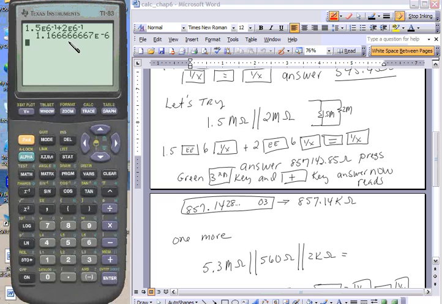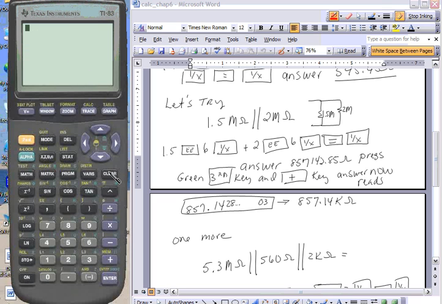So this number here that I'm seeing is really read 1.16 times 10 to the minus 6, or micro, but I still have to hit one more 1 over x key. So I go 1 over x, equals, so that is equal to 857K. It's 857,000, but if I want to convert that to K, I move the decimal place over 3.